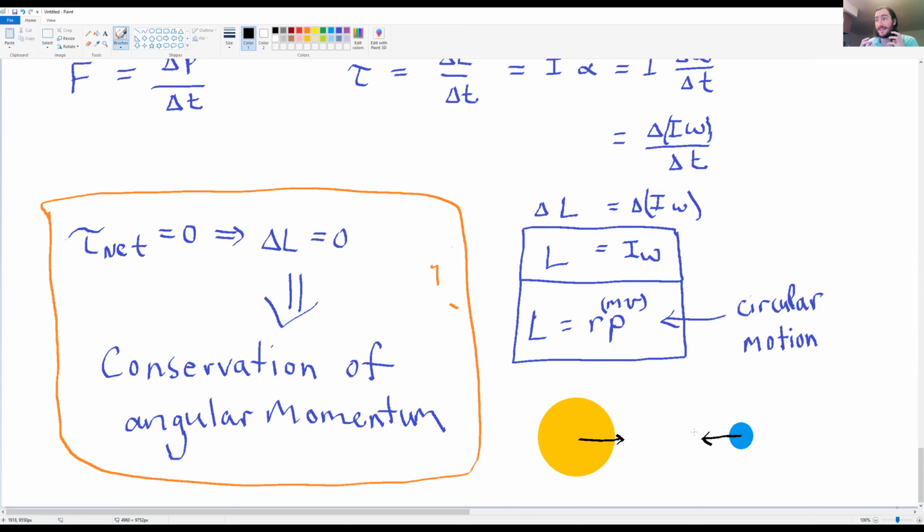So there is not going to be a lever arm to generate a torque on this system. The force of gravity is parallel to the lever arm.